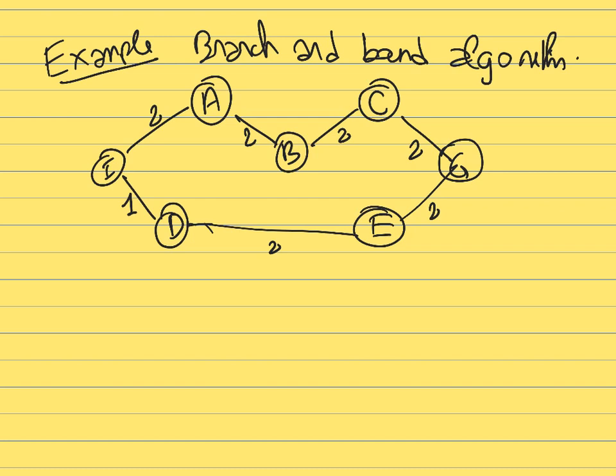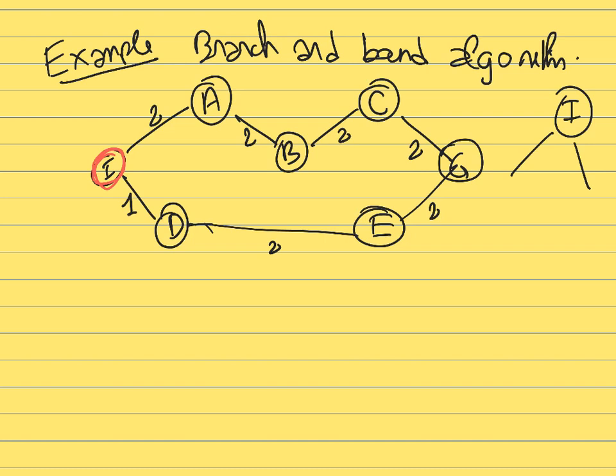Now let's try to illustrate what will be the different nodes that are picked by the branch and bound algorithm. Again, initially your frontier will be comprised of only the state I. So in your tree, you will start from the state I. Then you will expand this initial node.